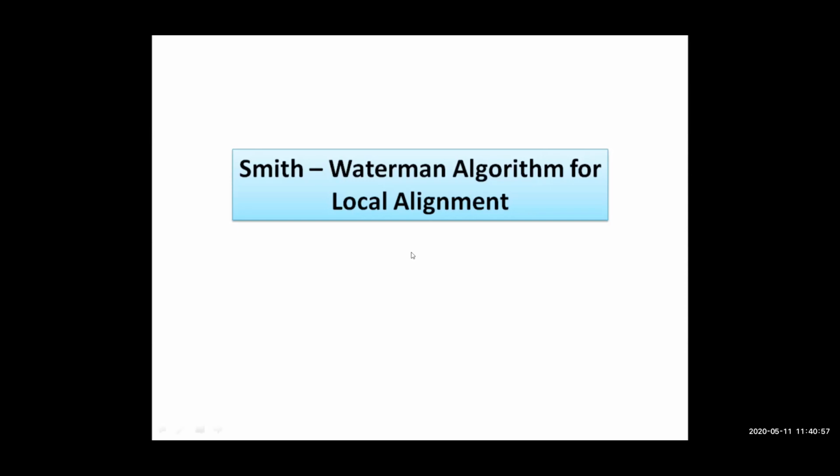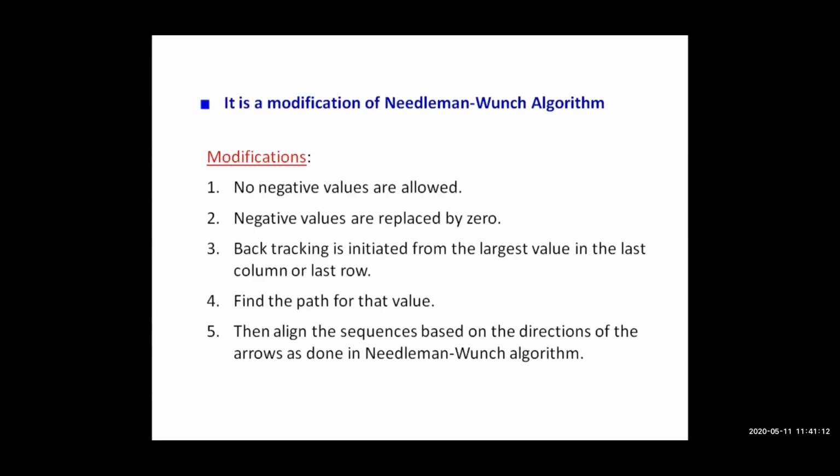So one is a short sequence and the other one is a long sequence. Then the short sequence may align at any particular segment in the long sequence, and that can be determined by local alignment. So there are certain specific rules to be followed in this particular algorithm, the Smith-Waterman algorithm.